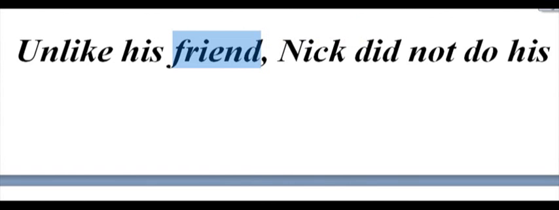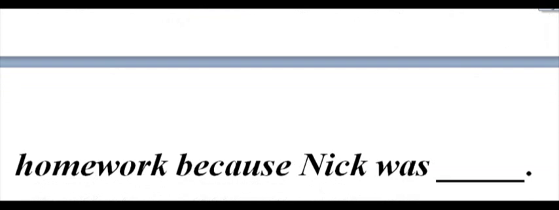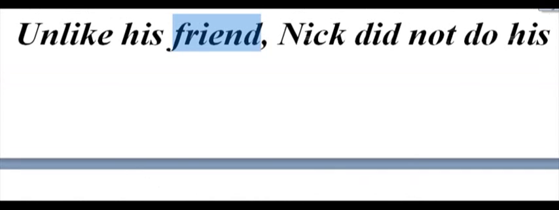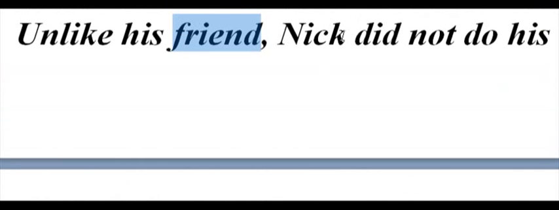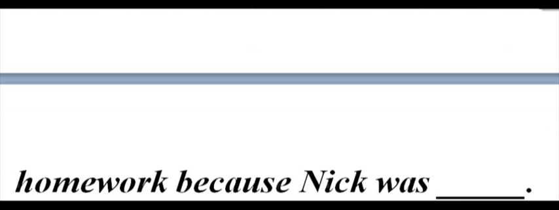So we have to figure out, well, let me ask you. Someone that does his homework can be considered responsible. Now, the relationship between Nick and friend is an opposite relationship because Nick is unlike his friend. So if his friend did his homework, that means that his friend is responsible or studious. Therefore, Nick is the opposite of responsible or studious. We can say he is irresponsible or not studious.